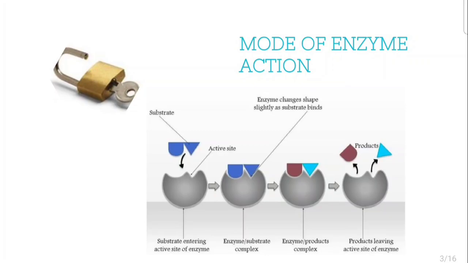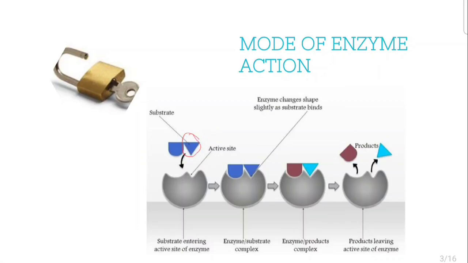So usually, as we already mentioned in the previous lectures about enzymes, an enzyme usually acts like a lock and key with its substrate, meaning your enzyme only activates a specific substrate. So here is a depiction of the lock and key model. First you have a substrate.